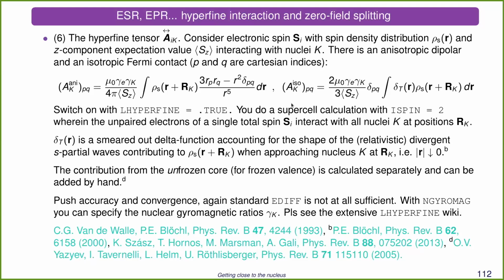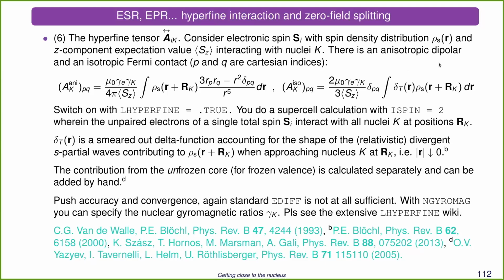It has two components. It's dipolar everywhere, as you see from here, where the spin density sits at the site of a nucleus and its surroundings. So R is the distance from where the spin sits to the nucleus.